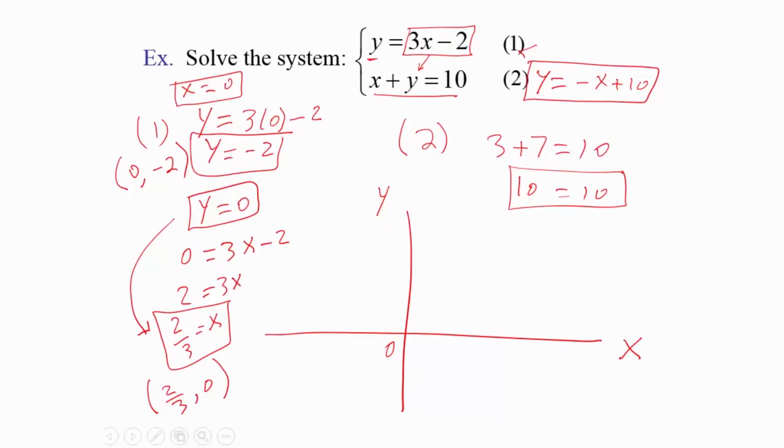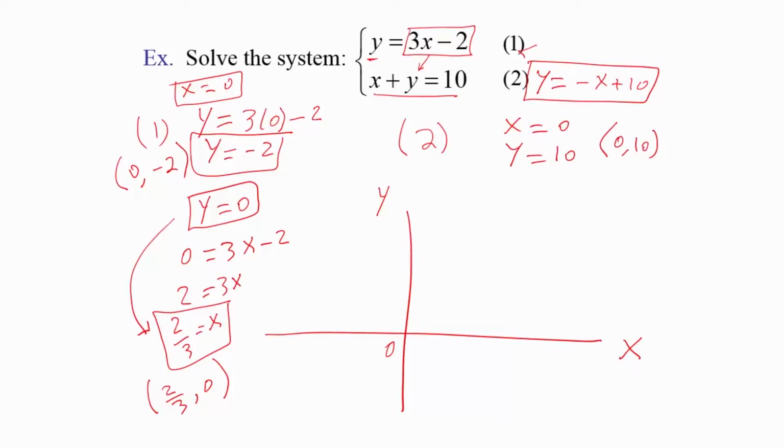So I can plug that. Well, let me do equation number 2 also. Here's equation number 2. This one or this one, it doesn't make any difference. When x is equal to 0, y is equal to 10. So 0 and 10 is 1 point. When y is equal to 0, x would be equal to 10.